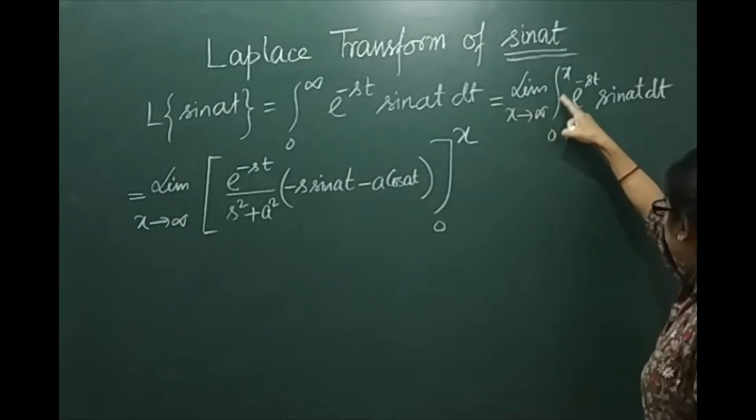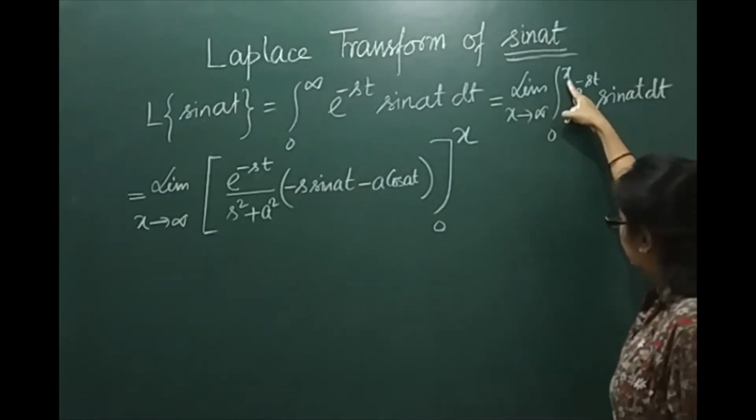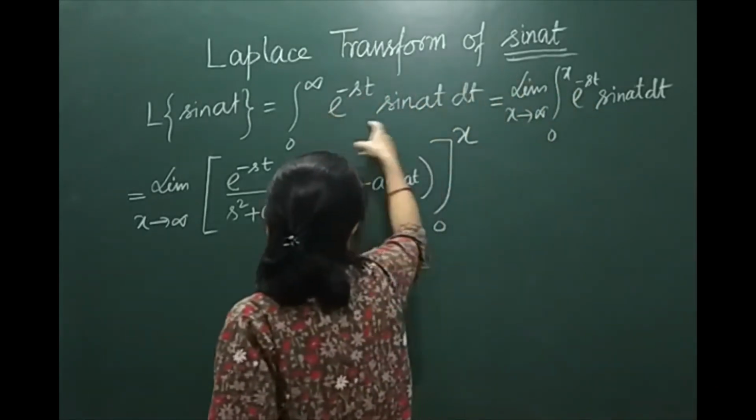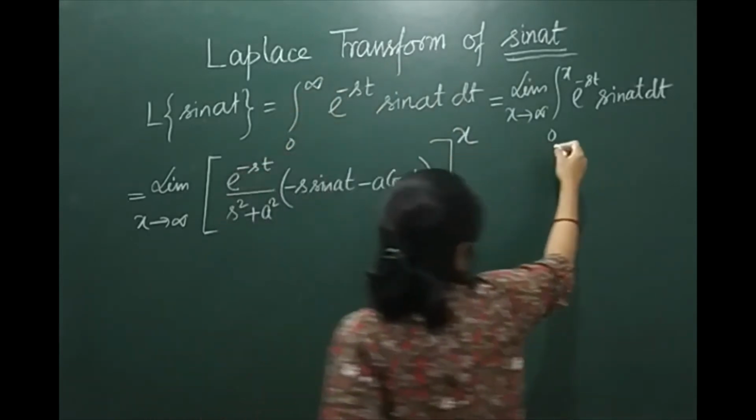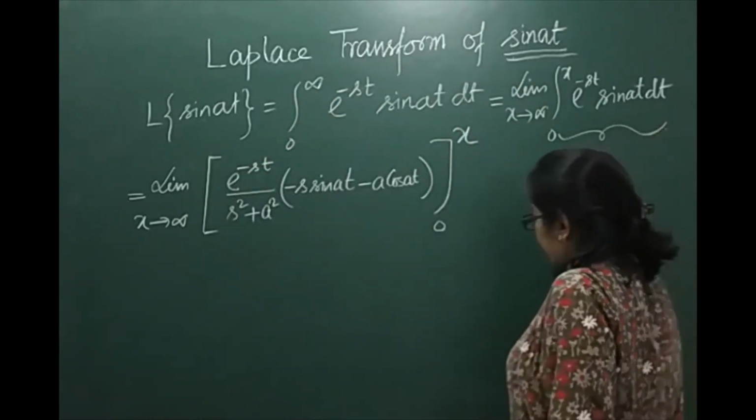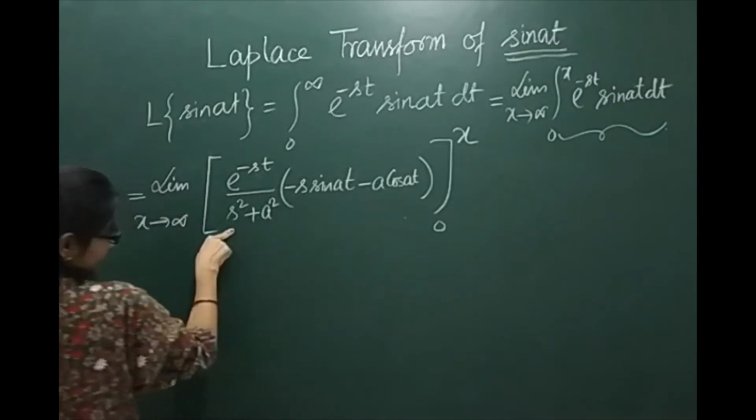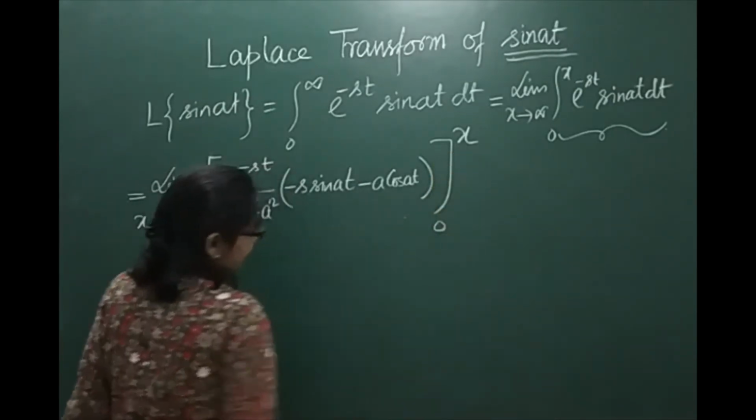So when x tends to infinity, the upper limit becomes infinity, and this integration remains as it is. Now if we do this integration, we will have this part, and the limits are 0 to x.